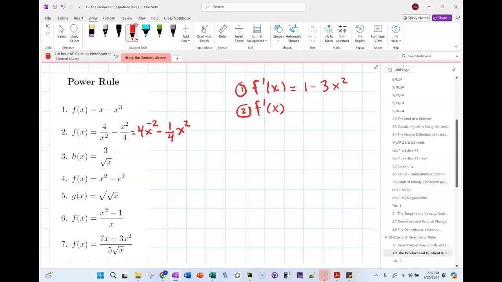Now in this form, it might be easier to use our derivative rules as we've learned them. What do we get for the first one? We're going to take this and multiply it to the front, and then subtract 1 from the exponent.